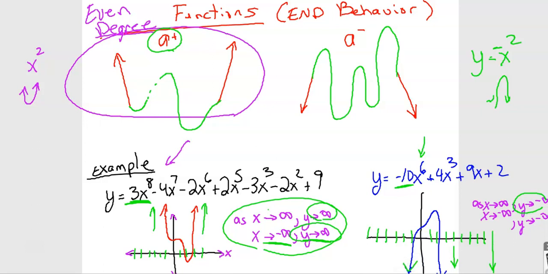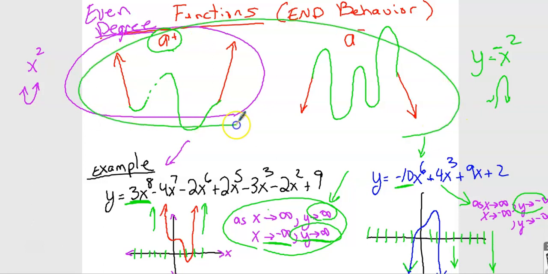I do suggest some students literally try to memorize this. I would just memorize the end behavior. Know the end behavior up here, and as x goes this way, what the graph is doing.